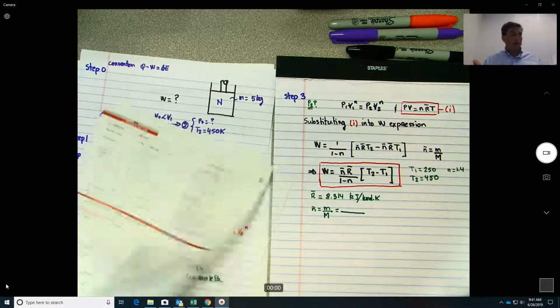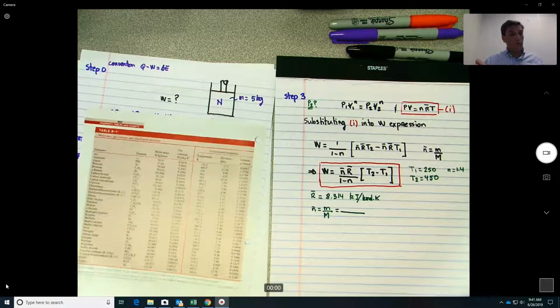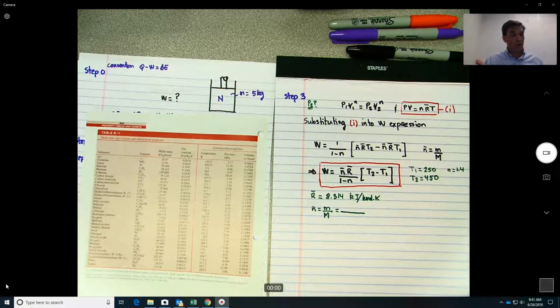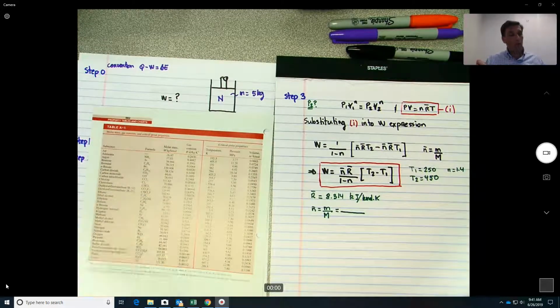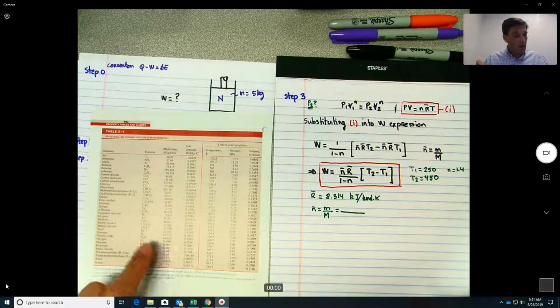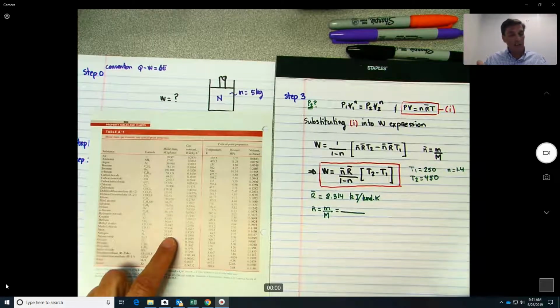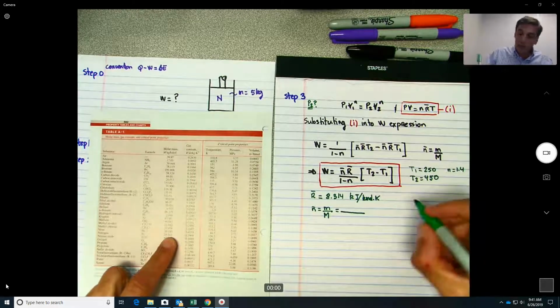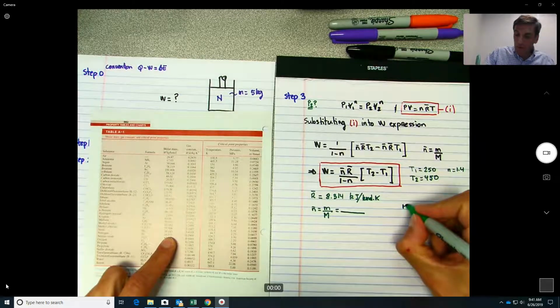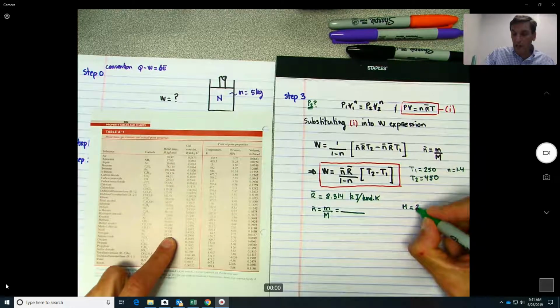So now you will go to metric units. You need to go to table A1 on page 882, and for nitrogen you have that M. I'm going to round it off to 28, so you have that M for the nitrogen is equal to 28.